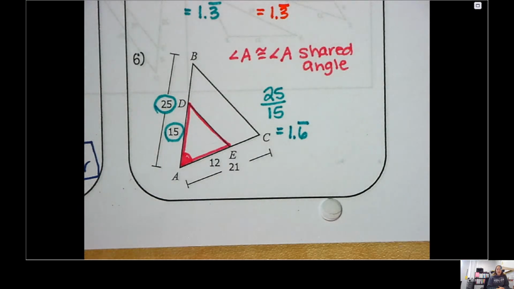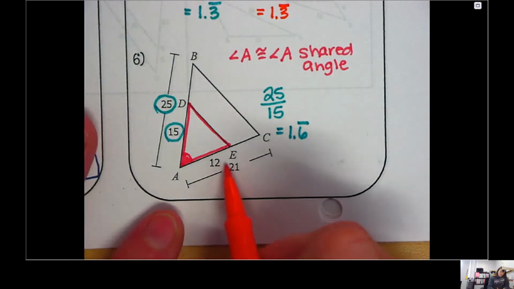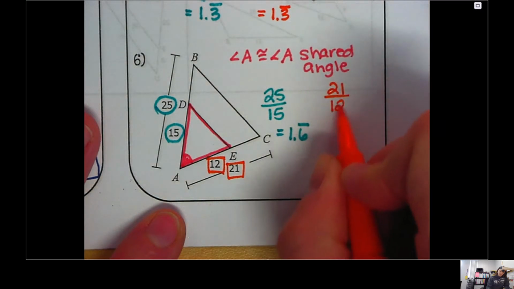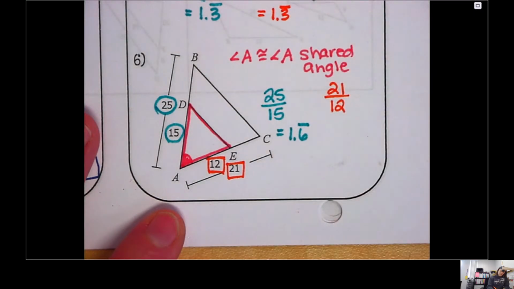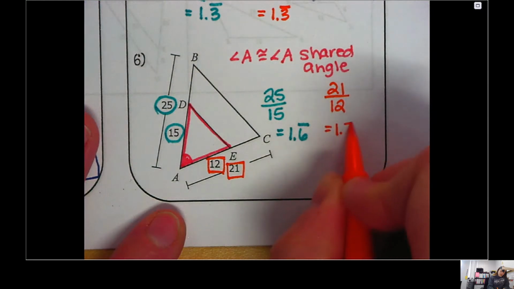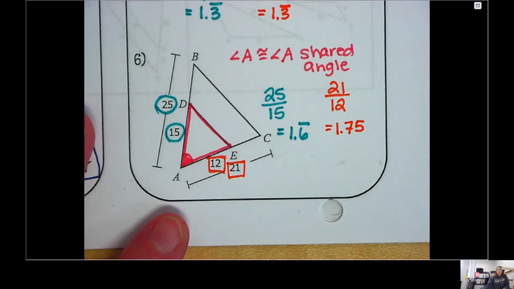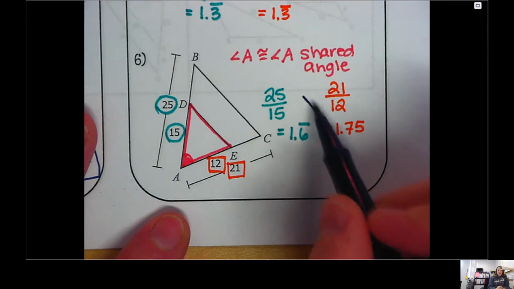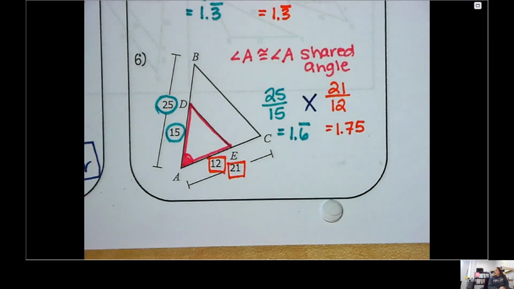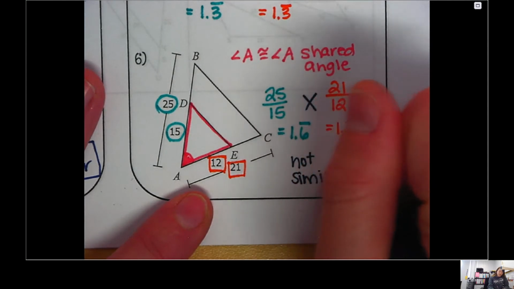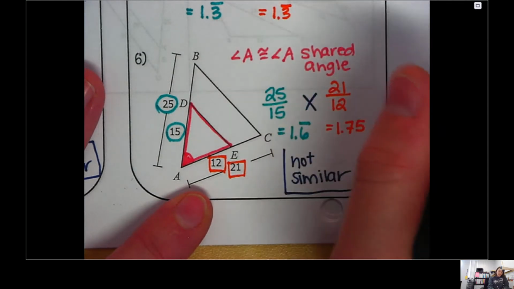And then what would your last fraction be? 21 divided by 12. You get 1.75. Are those the same? No, these are not exactly the same. They're close, and I could round them to be very similar, but no, they're not the same. So are these similar triangles? No, they are not similar. So if they're not similar, you do not have to write a sentence. You only write a sentence when they're similar.